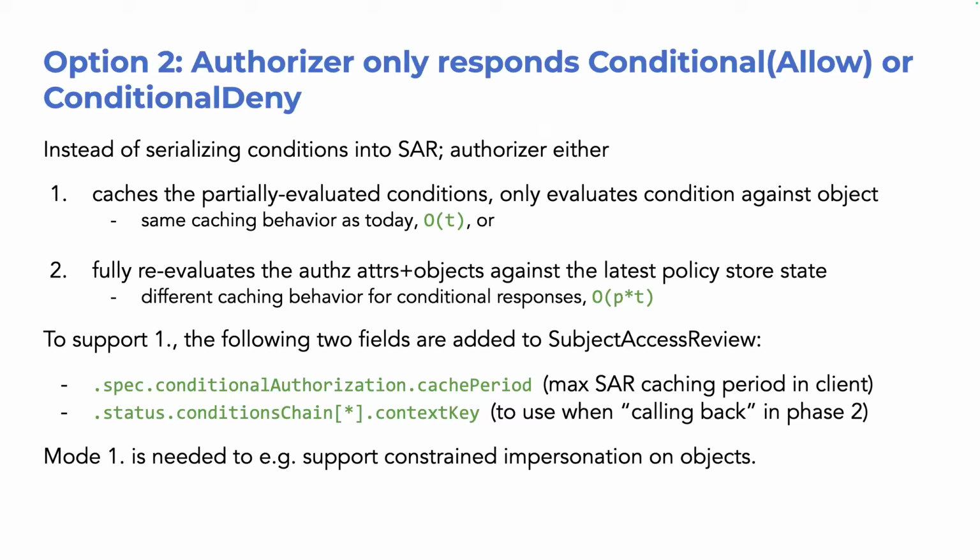As much as I think aggregate APIs are super awesome and let you extend the server in all sorts of cool ways, the set of people that use them are very advanced and they'll probably figure out whatever they want anyway. But at least this option, by just adding this cache period field and the context key, allows the backends to be either of the two modes, which seems fair.